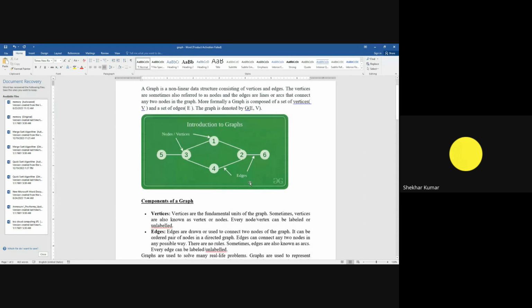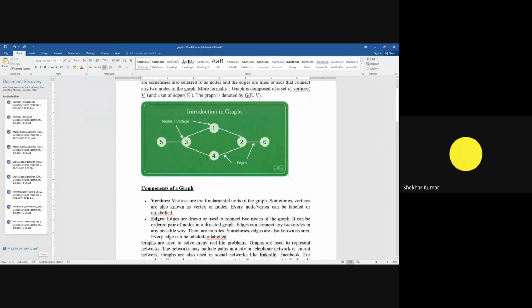So these are the components of a graph. Vertices are the fundamental units of a graph. They are also known as the nodes of the graph. Each node can be labeled or unlabeled, and either it consists of a weight or not.